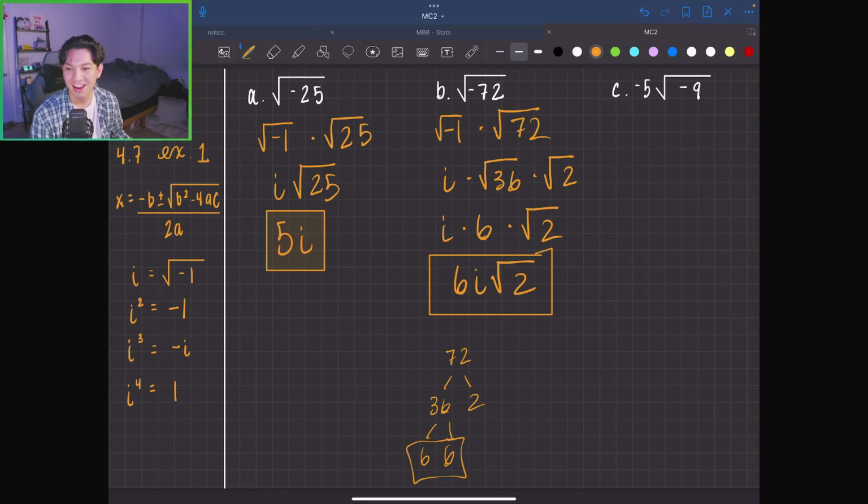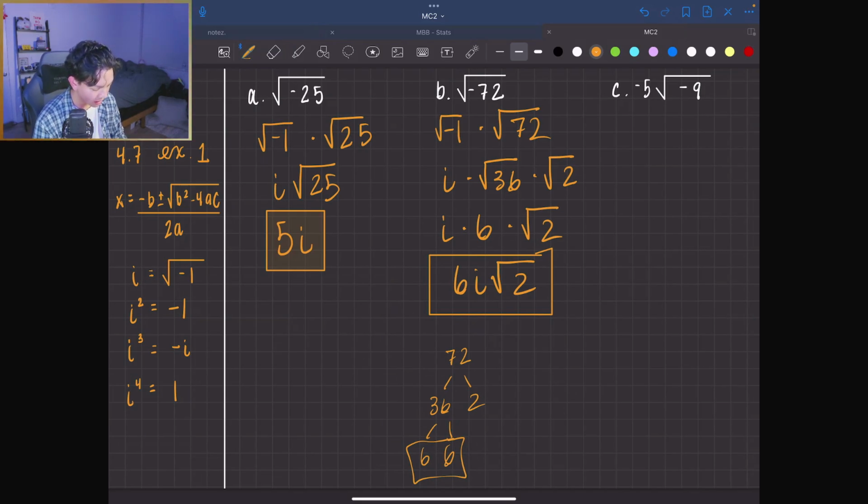All right, the last one here is just going to be -5 times the square root of -9. Okay, so let's go ahead and break this up again.